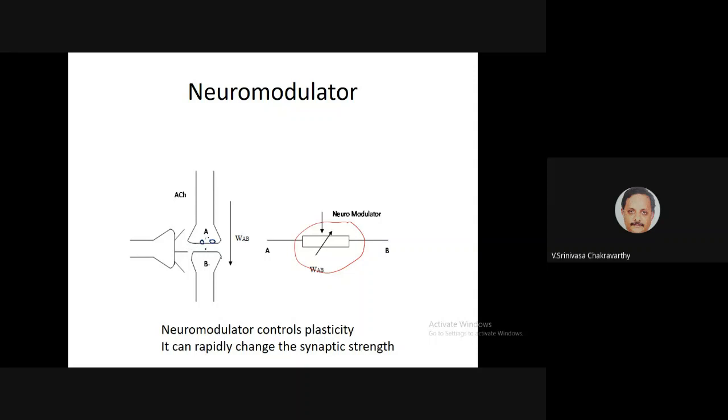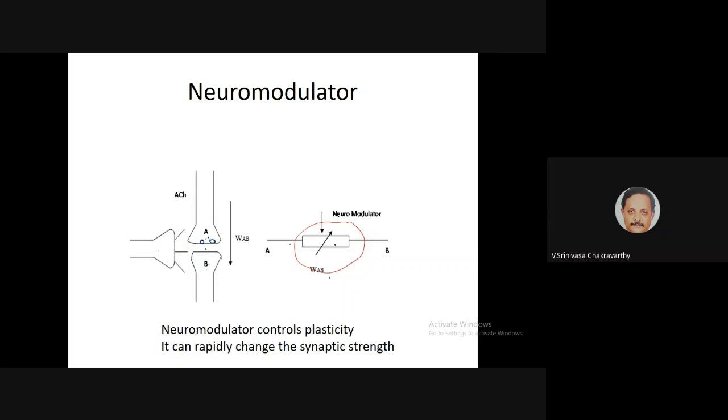So A releases neurotransmitter to B, and then C comes in and releases something else which controls the overall strength of this synapse. So in mathematical terms, you can describe it like this: A to B, there is a synapse which has some strength, WAB. That strength is modifiable by a third input here, which is the neuromodulator.